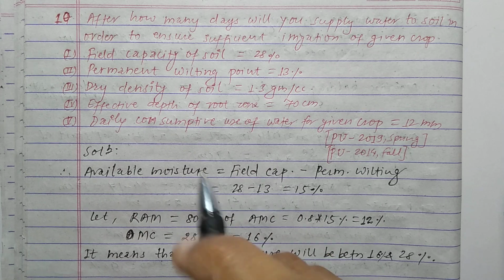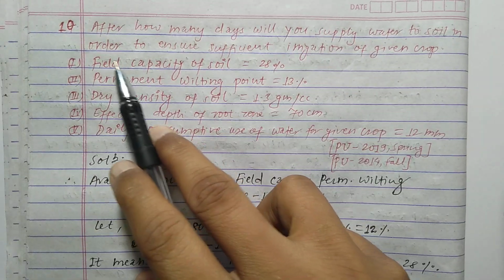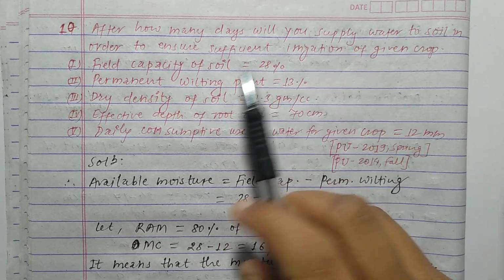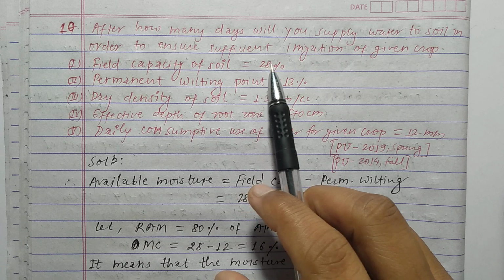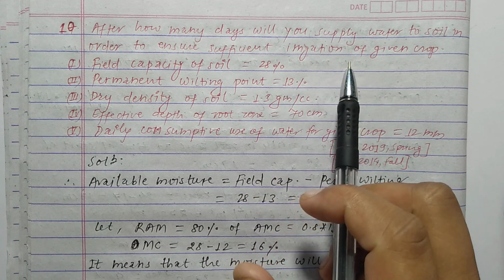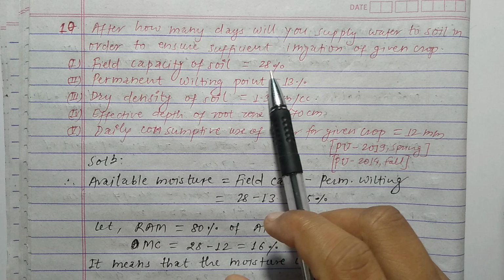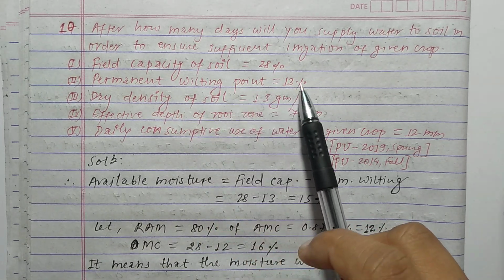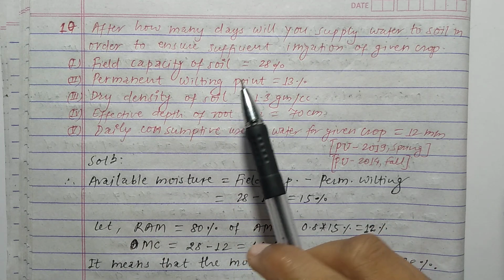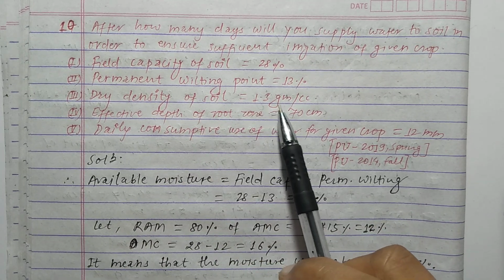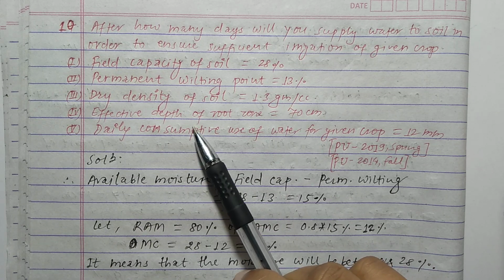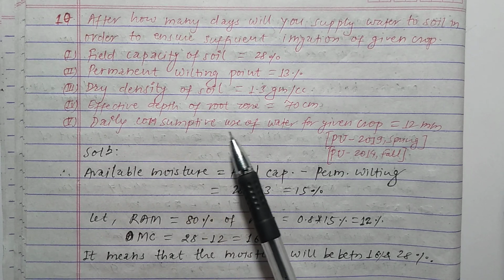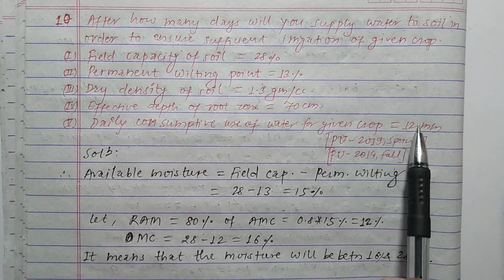So the question is given over here. In the 10th numerical, after how many days will you supply water to soil in order to ensure sufficient irrigation of a given crop? The field capacity of soil is given 28%, permanent wilting point, that is the PWP, is given 13%, dry density of soil, gamma D, is given 1.3 gram per cc, effective depth of root zone equal to 70 cm, and daily consumptive use of water for a given crop is 12 mm.